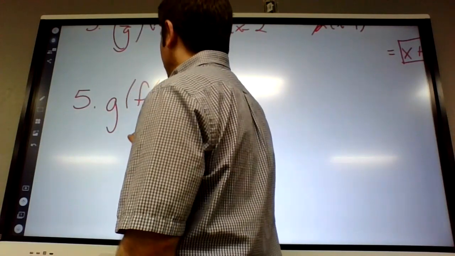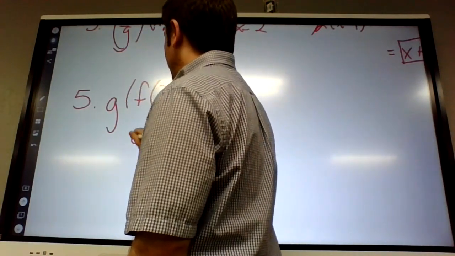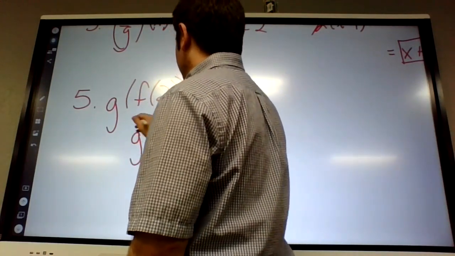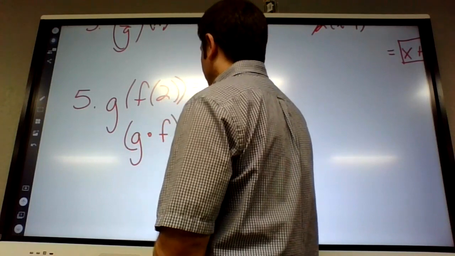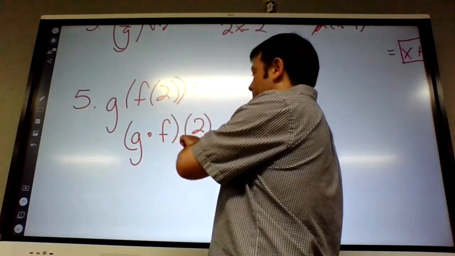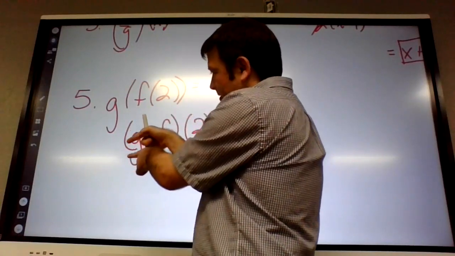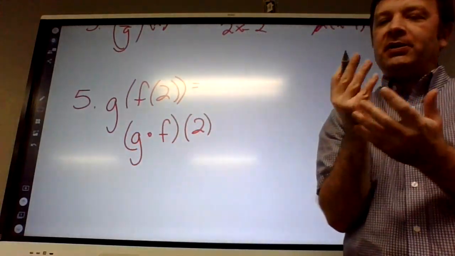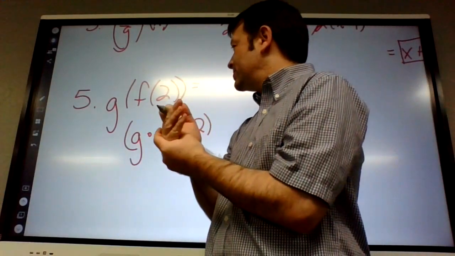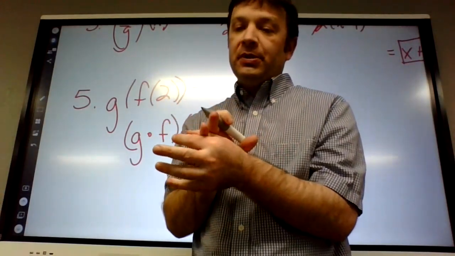Oh, I remember. I was gonna say, this is the same thing, you could write this as g of f of 2. So you're putting 2 into f, and whatever that gets, you put it into g. But on 5, you gotta look at the direction. So what is f of 2?